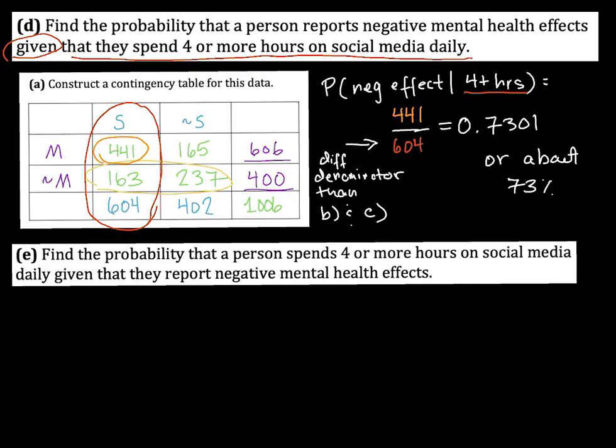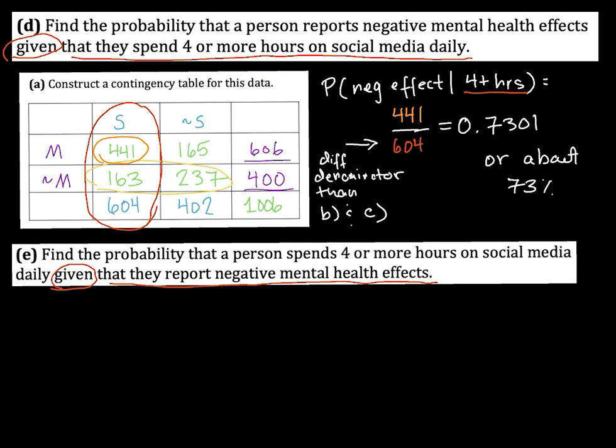All right, so that's a big portion of the people who use social media 4+ hours a day who are experiencing negative mental health effects. All right, so for our final part, E, find the probability that a person spends 4 or more hours on social media given, so remember, here's our given, that they report negative mental health effects.